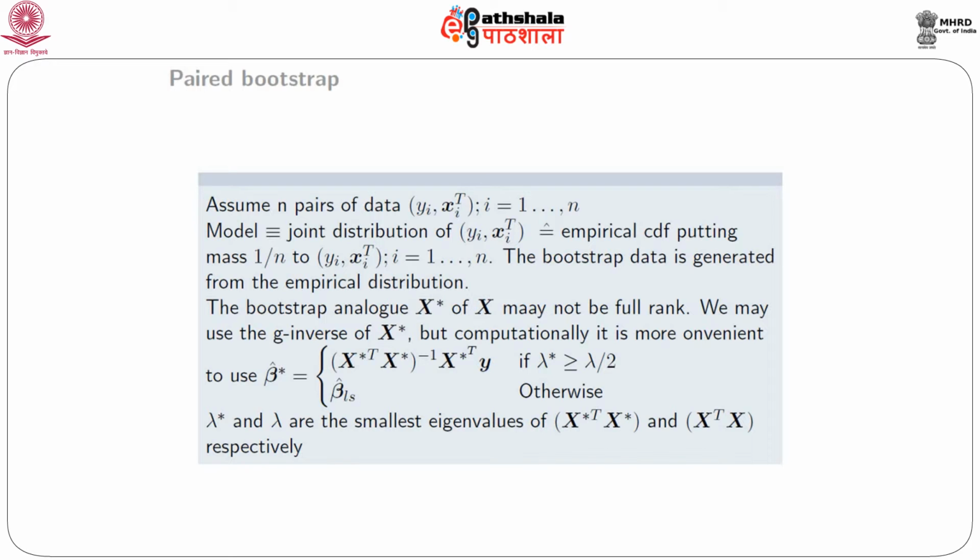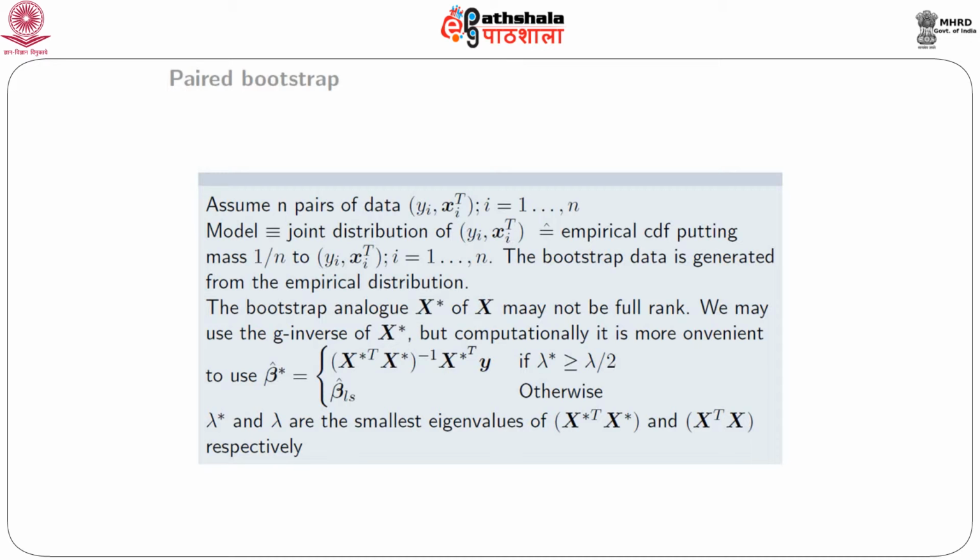But there is a problem, and the problem is that the bootstrap analog X* of X may not be of full rank, because it does not guarantee that X* should be of full rank. So, one can use a generalized inverse, otherwise it is difficult to obtain the estimate beta hat star, which is the bootstrap estimate of the regression coefficients.